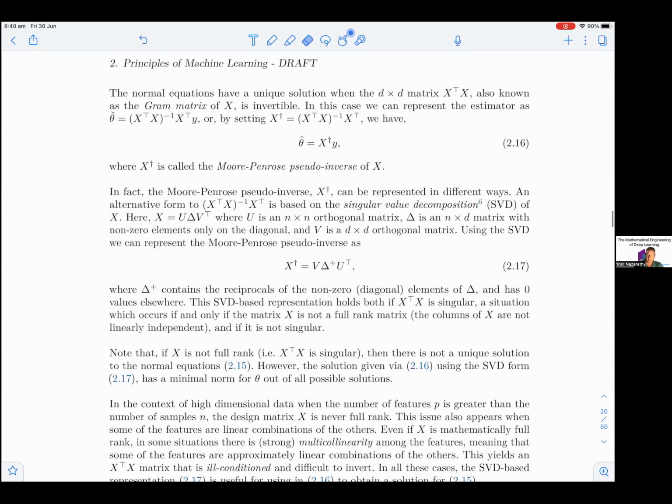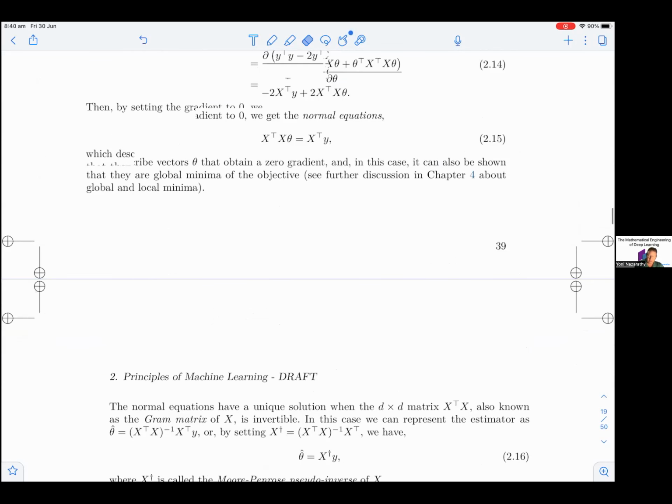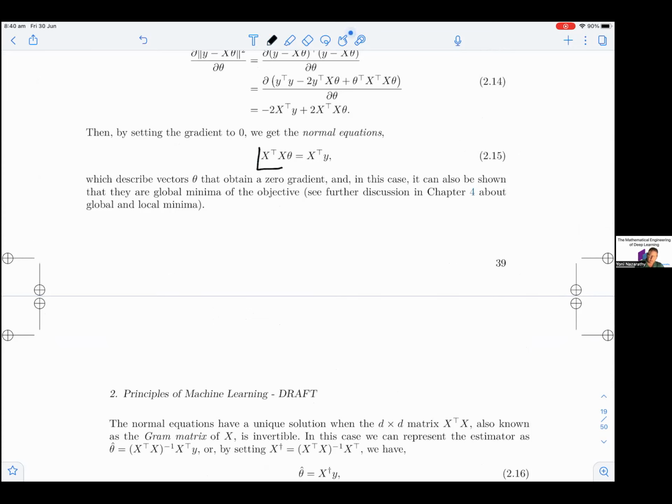So let's look at the normal equations again. Remember that X was N by D, so X transpose X is D by D. It loses the dimension of the number of observations, but keeps the dimension of the number of parameters.